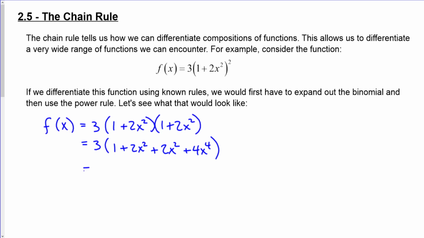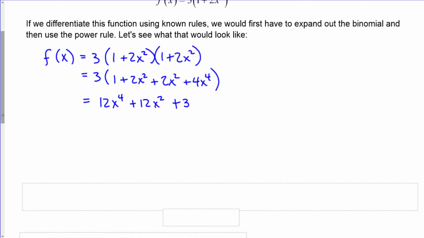Everything gets multiplied by this 3, so I'm going to write this as 12x to the 4th. 2x squared and 2x squared would be 4x squared, times 3 would be 12x squared, and finally plus 3.